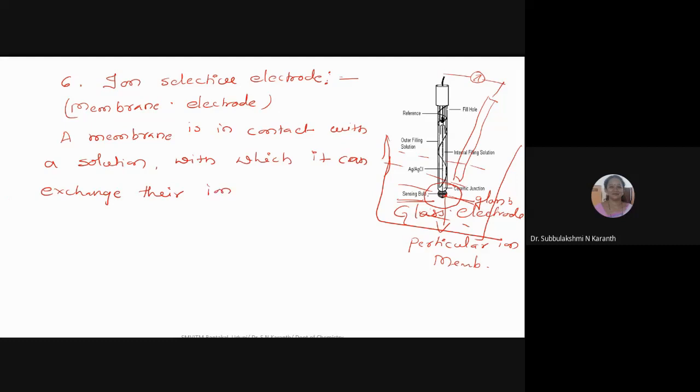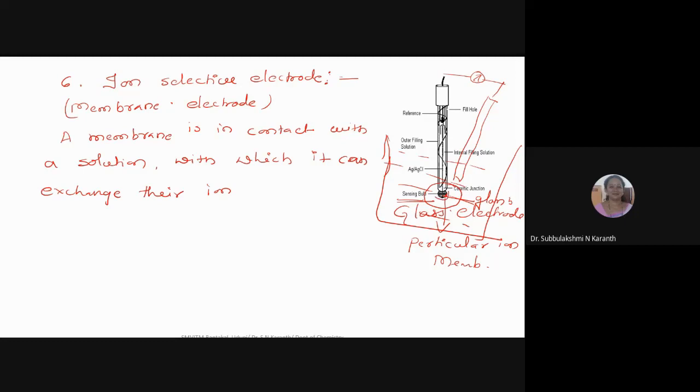So this membrane can exchange a particular type of ion. It is a selective ion and is specific to particular ions. A membrane is in contact with the solution with which it can exchange its ions.